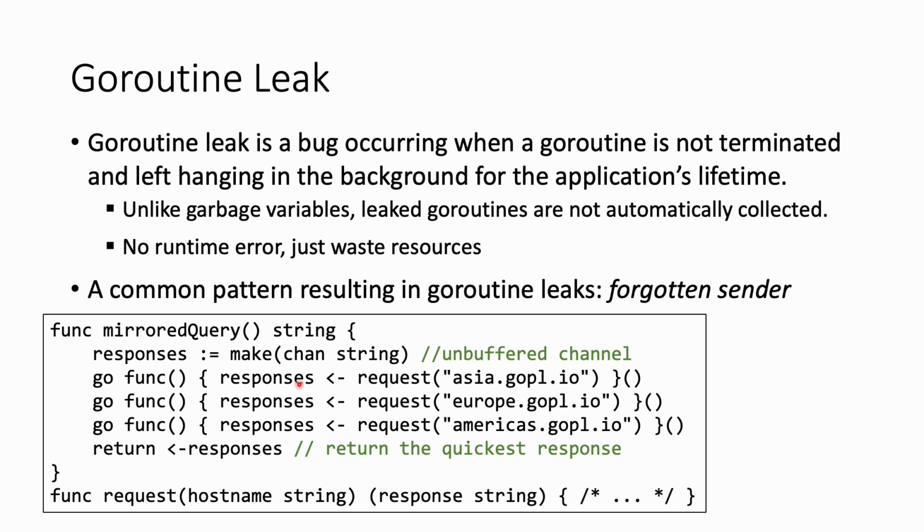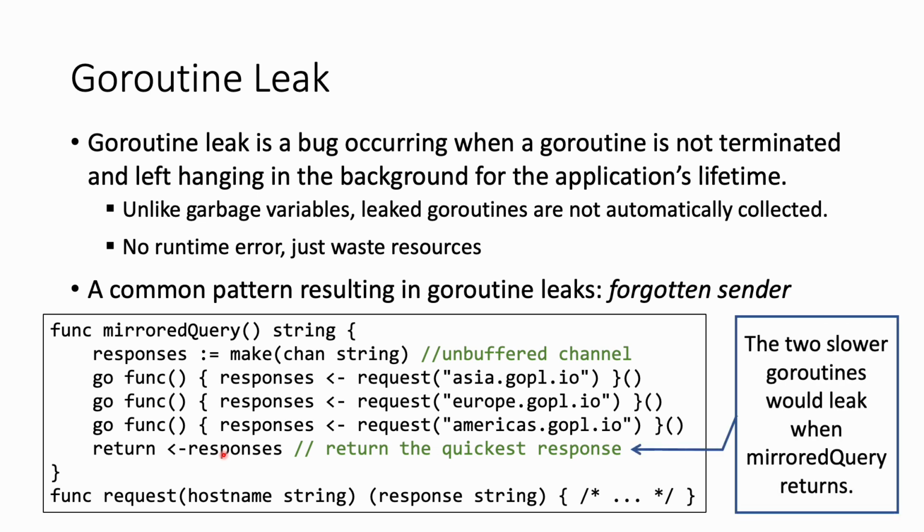It sends responses over an unbuffered channel named responses, then receives and returns only the quickest response. Thus, the mirrored query function returns even before the two slower servers have responded.